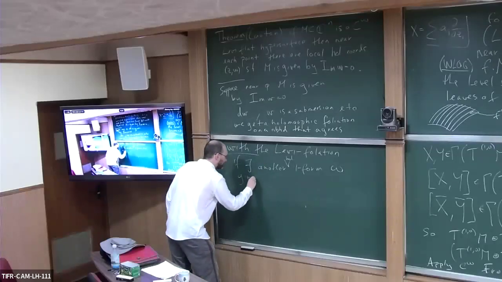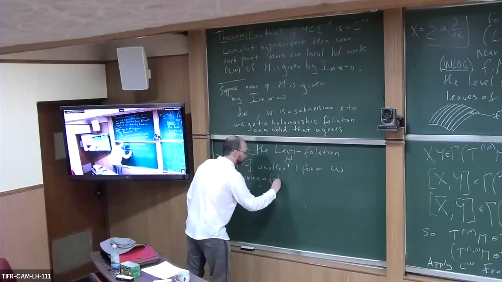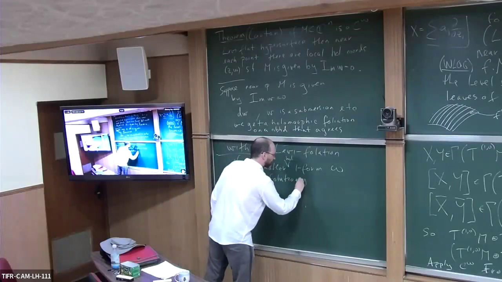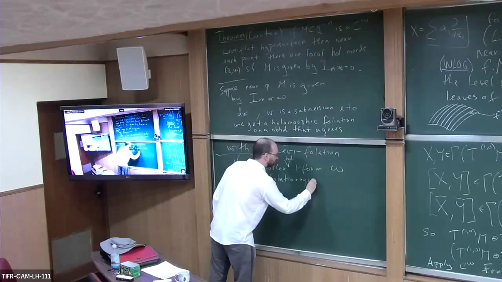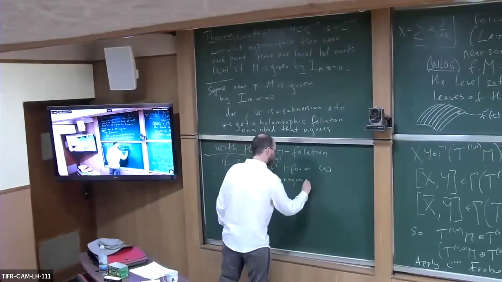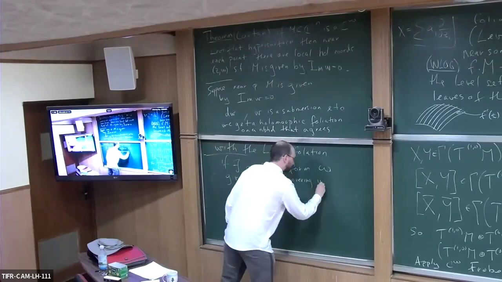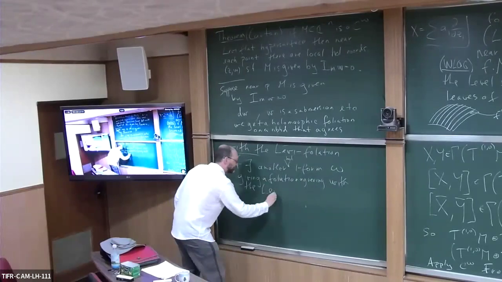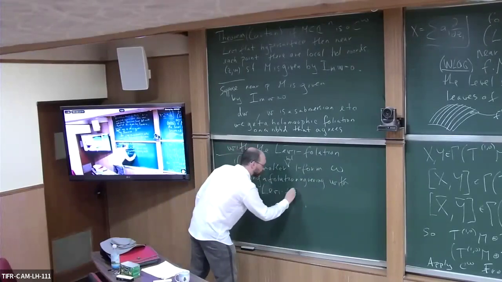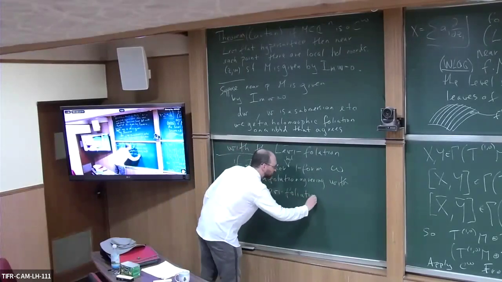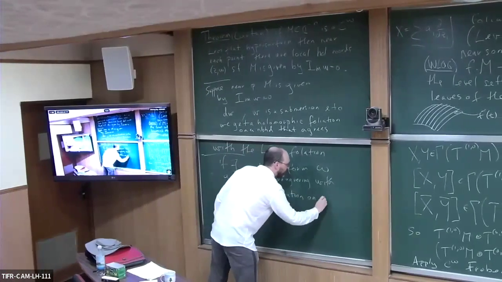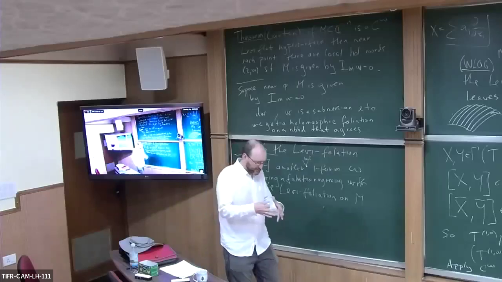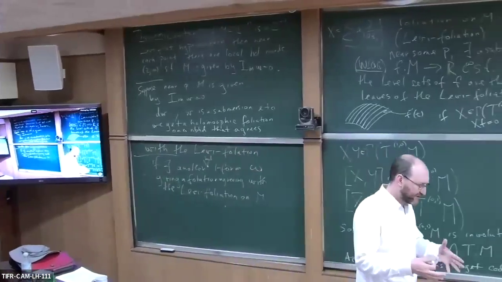And it gives the Levi foliation on M. Then what's happening? You have that omega.